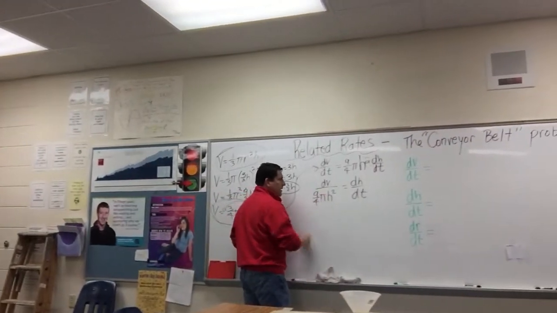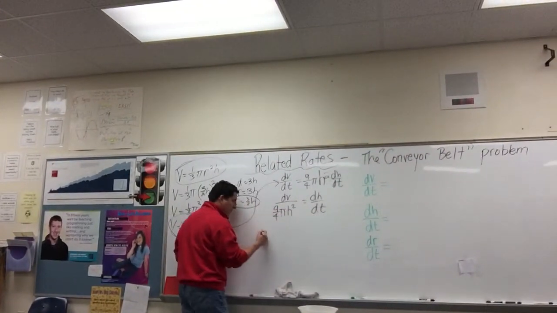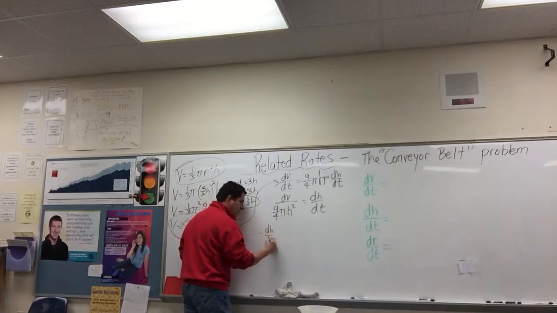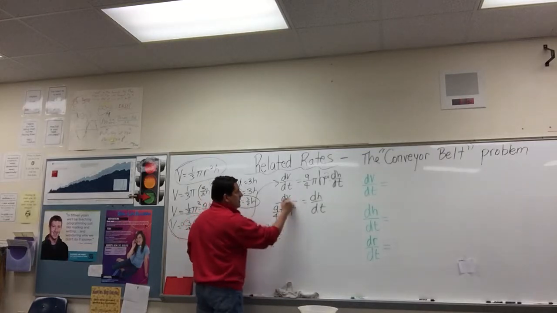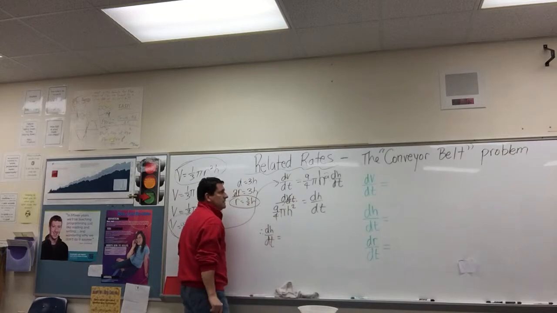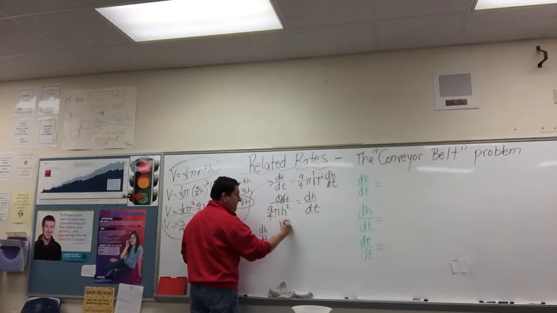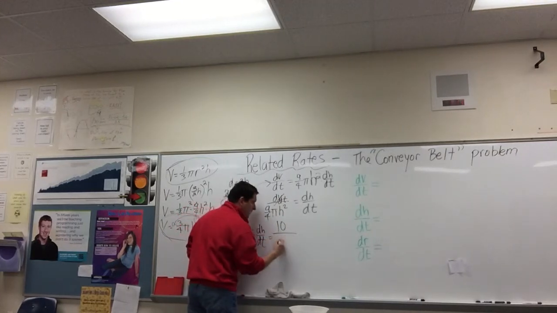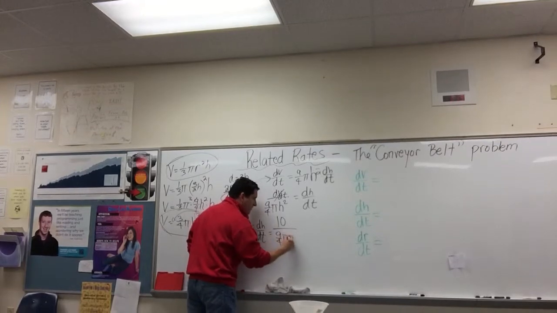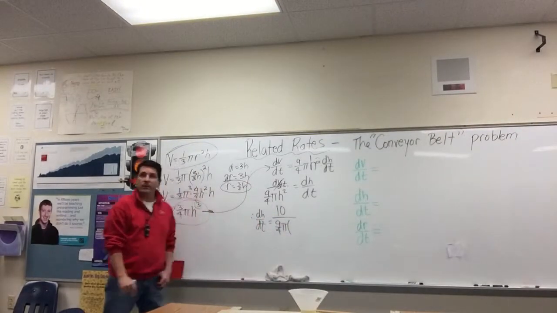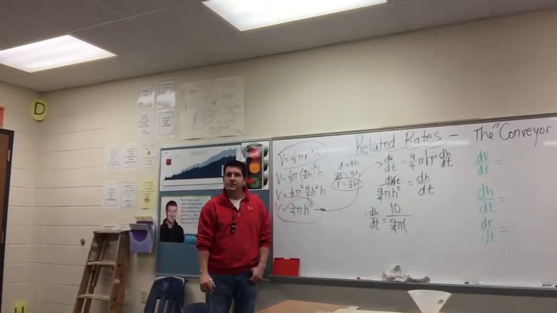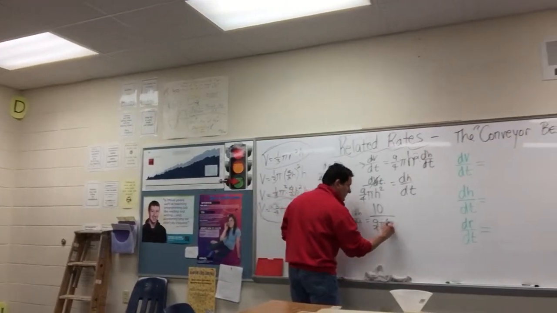So dH dt is equal to, we can plug everything in. This is dV dt on the top. So that was our 10 divided by 9/4 times pi. What was H in this problem? The 15.